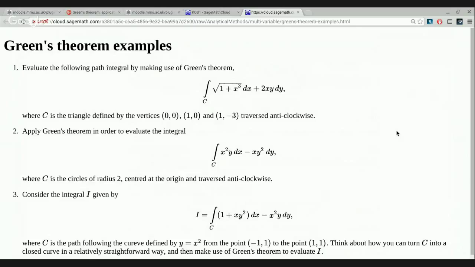Okay, this is our C. Now, to do this directly looks very awkward because it would require some integration of that term, which is the square root of 1 plus x cubed. And that looks kind of awkward to do. Integrating that on its own, we'd probably need to go via some trigonometric substitution or something. So perhaps using Green's theorem, this will be easier.